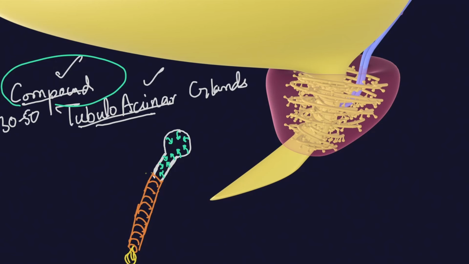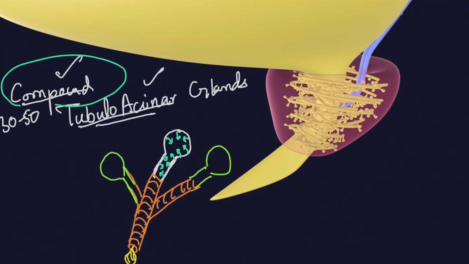Now if this duct or transport system is simple and unbranched, and I am talking about the duct system, not the secretory part, it means this is a simple type of gland. But the duct system may be branched. For example, there may be a branch here, and then another branch here, and so on, and each branch may then have one or more secretory parts, like this.